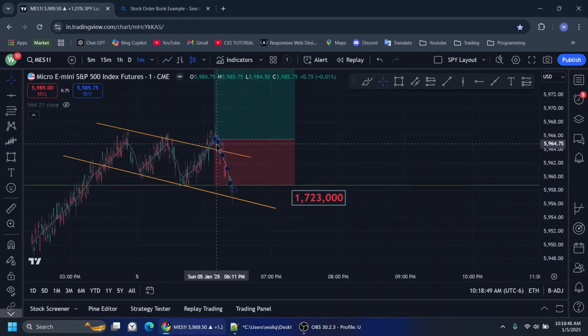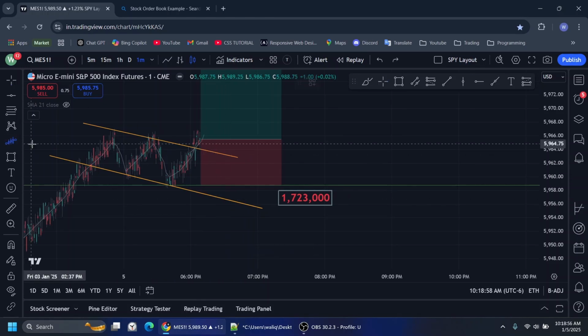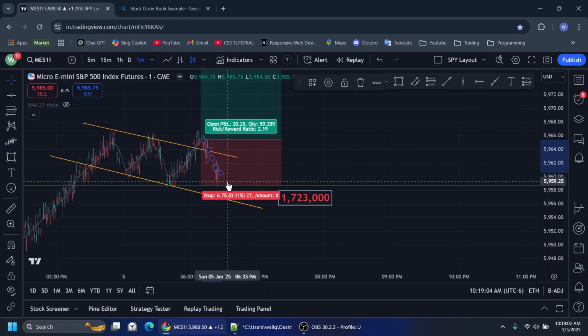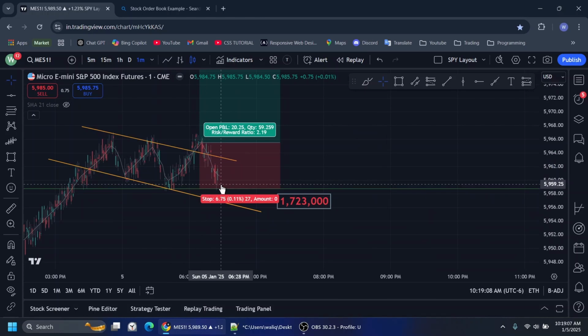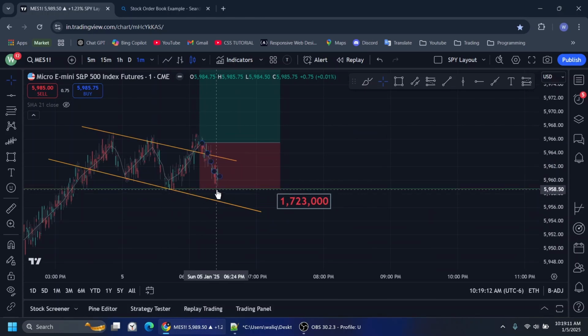The market is gonna go down, and it's gonna hit our stop loss.